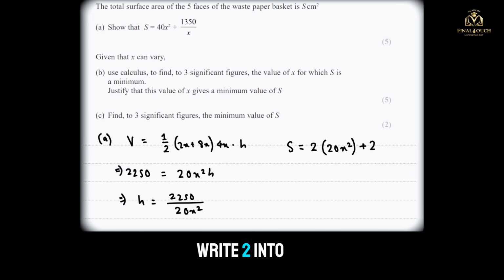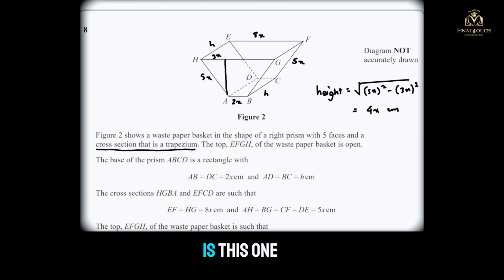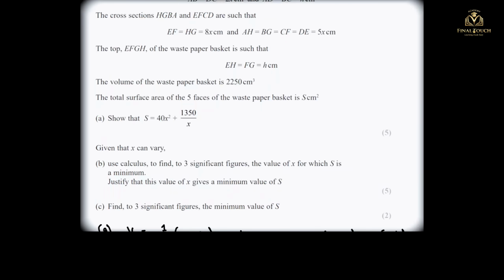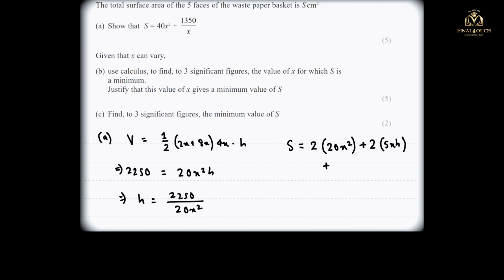So we can write 2 into 5xh, and we have that other section, the one at the bottom. This is 2xh.